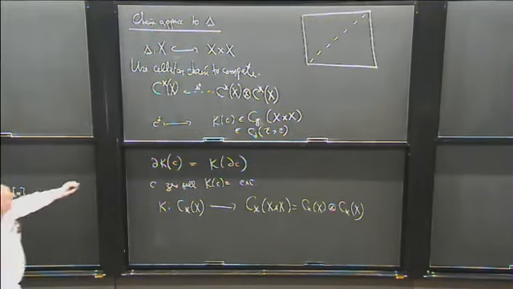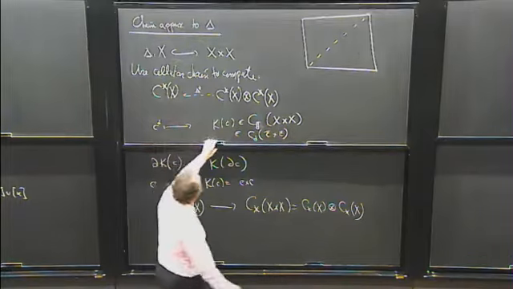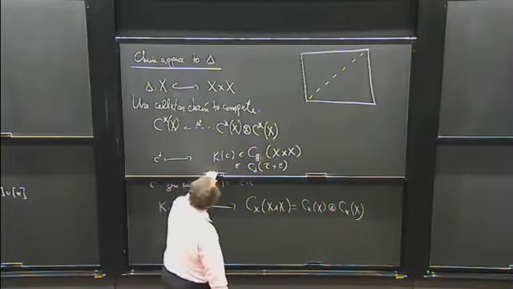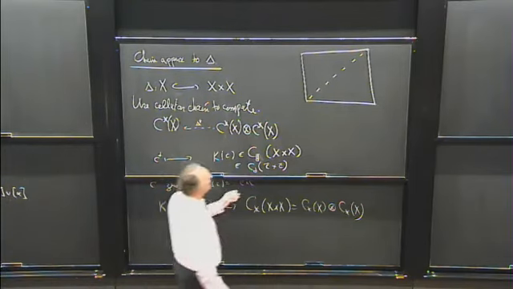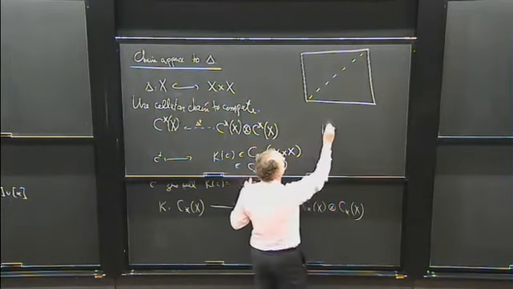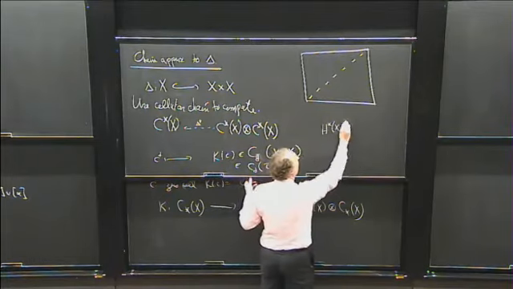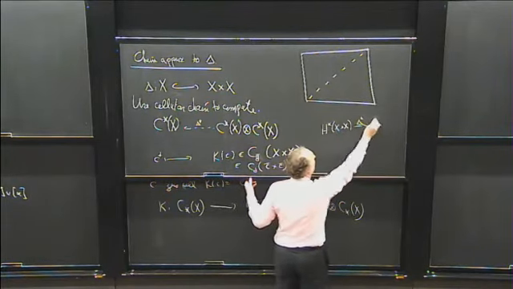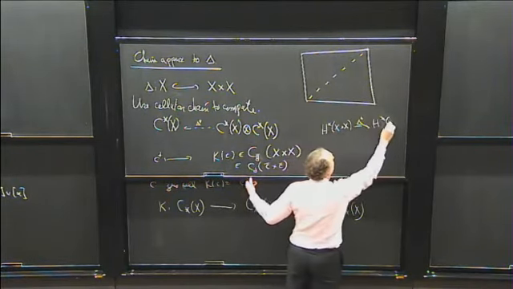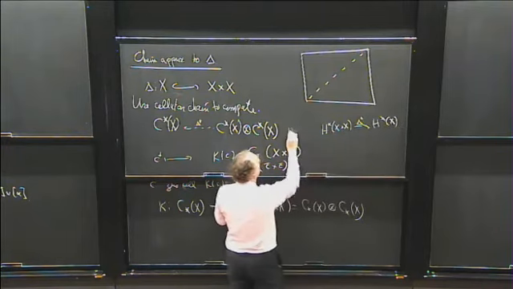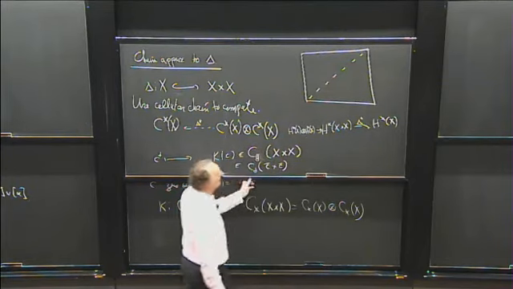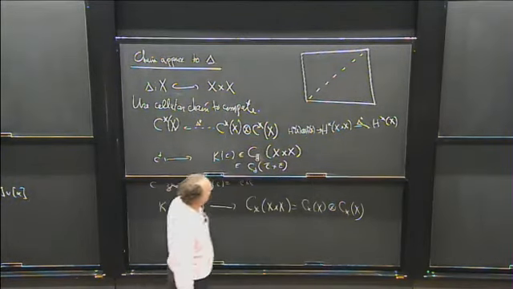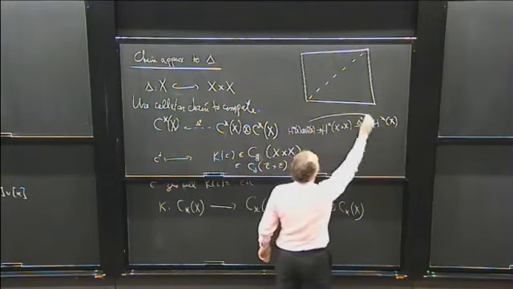Well, it's an easy exercise from the definitions that in singular cohomology, for example, if you take the pullback of the diagonal map from the cohomology of X cross X back to the cohomology of X, and you have a map here, the Künneth map from the cohomology of X tensor the cohomology of X into here, this composition is simply cup product.